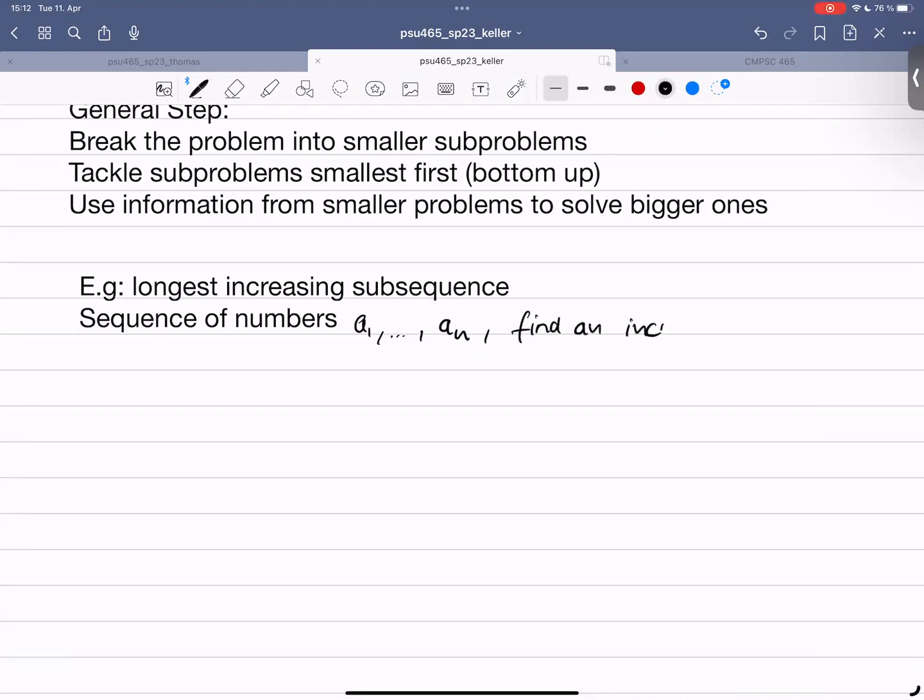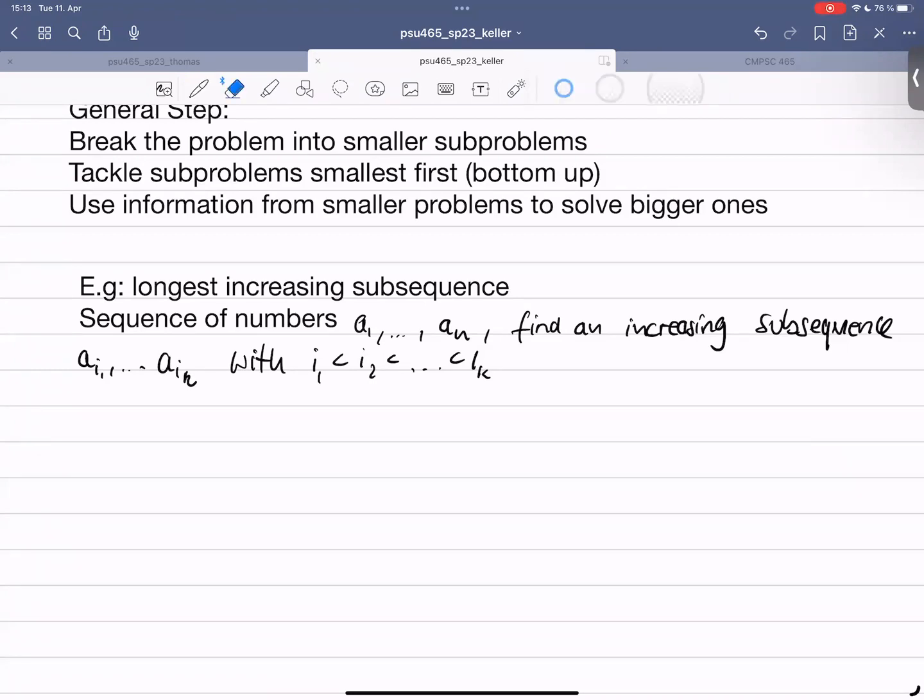Find an increasing subsequence, which we denote by A_i1 through A_ik, with i1 being strictly smaller than i2, being strictly smaller, and so on, up to ik. So this is what it means to be a subsequence. We can pick elements, but we have to preserve the order of these elements.